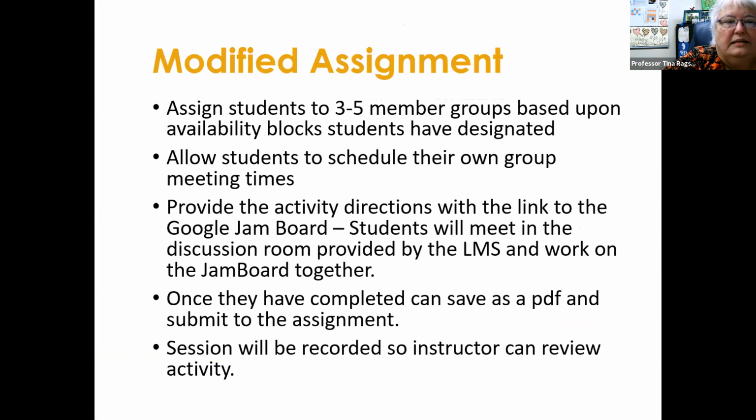So what I'm going to do for homework is I'm going to allow students, and I think I'm going to use these groups throughout the semester for the spring.